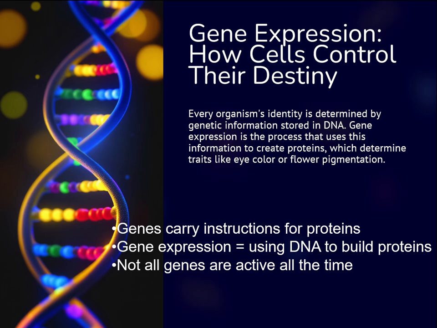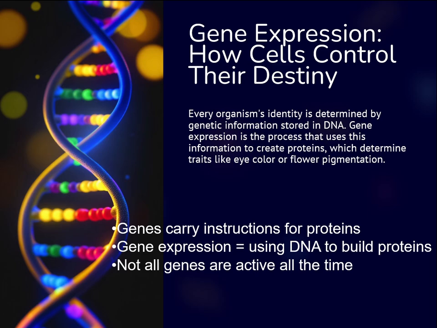So inside every cell is DNA, and this DNA contains thousands of genes, each one a set of instructions for making a particular protein. But here's the trick: not every gene is turned on or expressed in every cell at all times. It turns out that cells turn certain genes on or off depending on what they need to do.